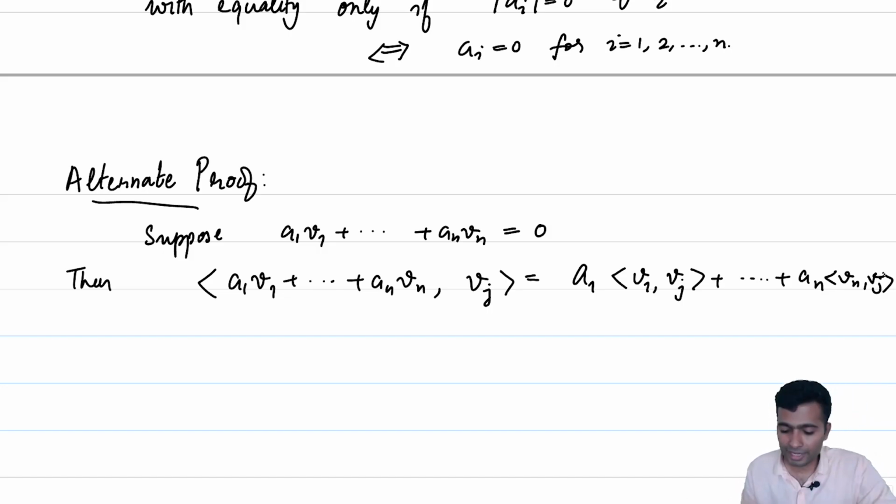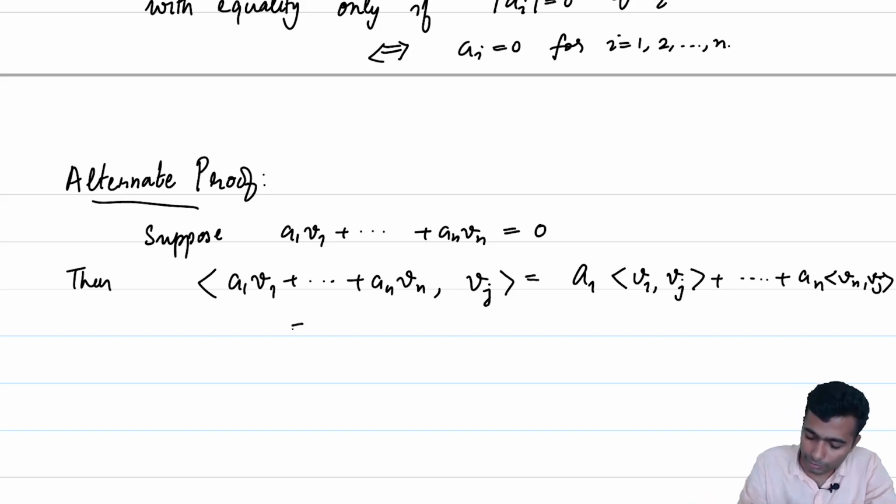Now what do we know about the vi's? They are orthonormal. That means if i is not equal to j, the inner product of vi and vj will be 0, and if i is equal to j, the inner product of vj with itself will be the square of the length of vj, which is equal to 1.